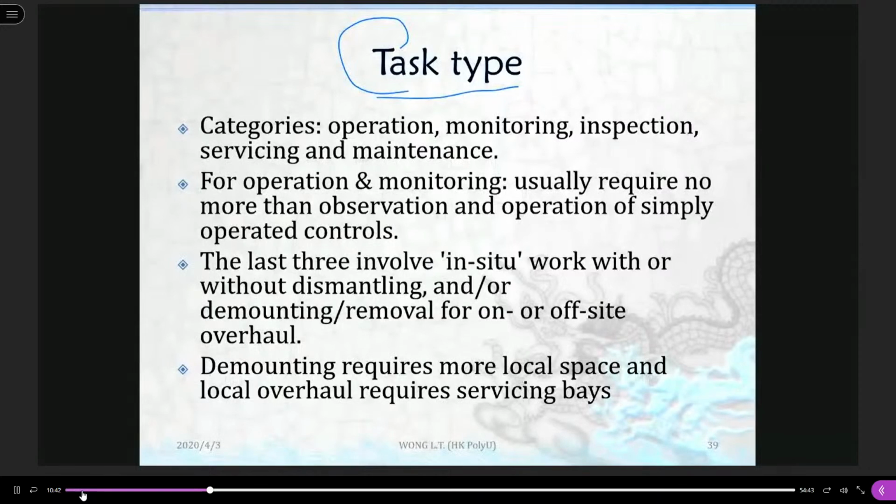For operation and monitoring, usually it requires no more than observation and simple operation of controls. This is operation and monitoring: adjusting the valves, taking a look at the meter, switching it on and off. This kind of operation, get access to that. The last three involve in-situ work, without dismantling or demounting, removal, or off-site overhaul.